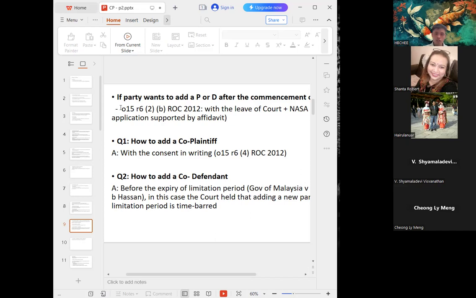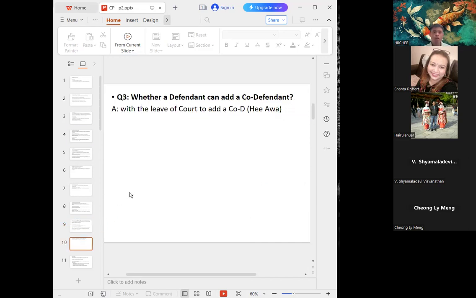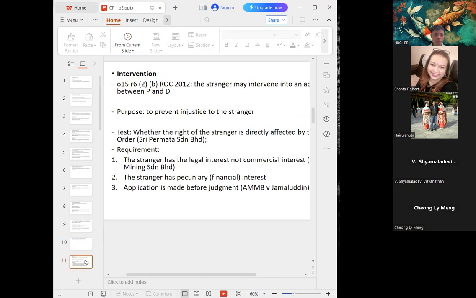They are not concerned in the action, but in joinder, they are the persons involved in the action. Okay. So whether a defendant can add a co-defendant, as I explained, yes, with the leave of court, you can add.